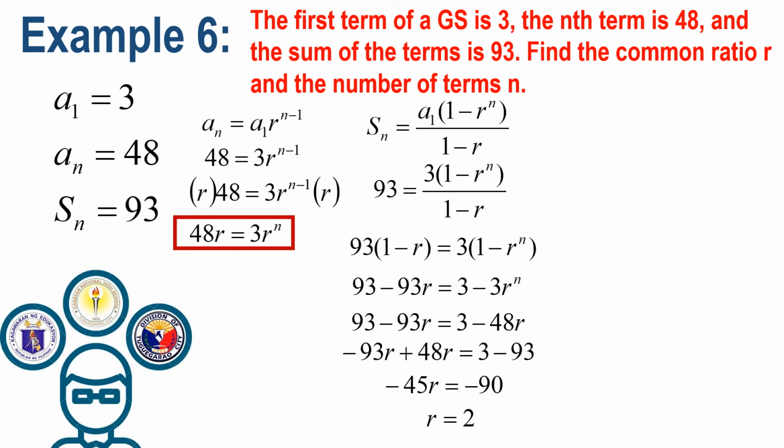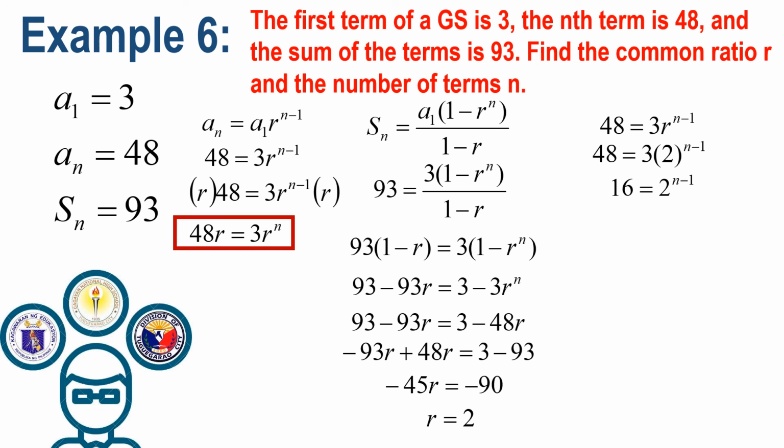We also have to look for the number of terms because that's what the problem is requiring us. So from the equation 48 is equal to 3r raised to n minus 1, we should solve also for n. Okay? So replacing r with 2, we'll have 48 equals 3 times 2 raised to n minus 1. And dividing both sides by 3 will reduce this equation now to 16 is equal to 2 raised to n minus 1.